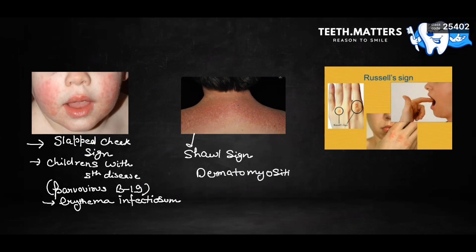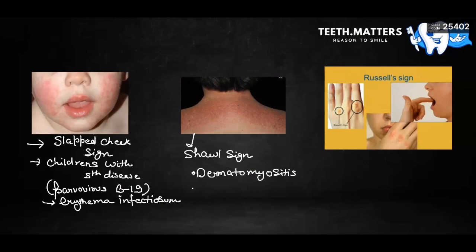Dermatomyositis. The shawl sign seen in dermatomyositis is confluent, symmetric, macular, violaceous erythema on the posterior shoulder and neck, giving a distinctive shawl-like appearance. Okay?